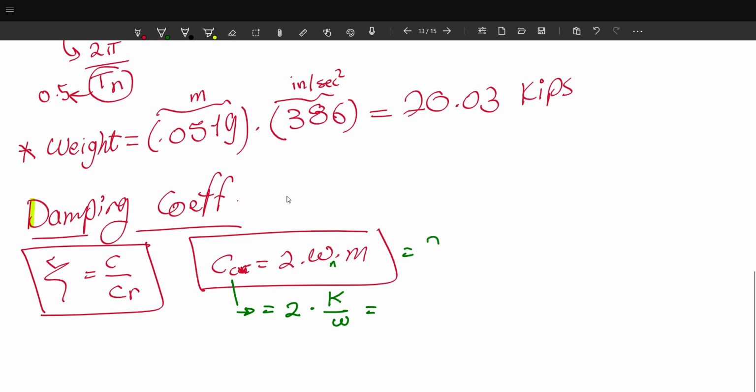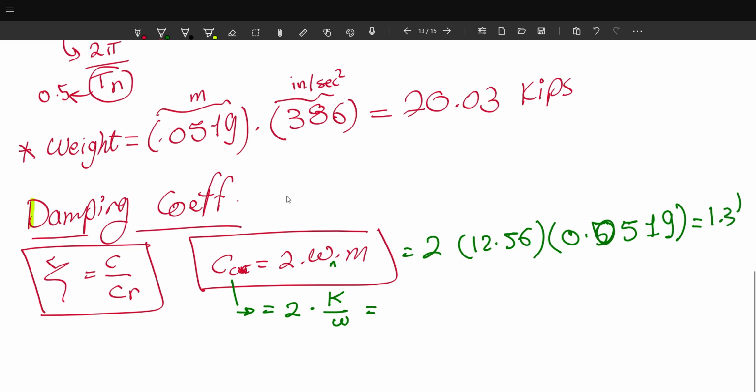So it is going to be 2 times omega, which we have already obtained before, 12.56, and here this is times m, which we have already obtained before, 0.0519, right? So this would give us, at the end, 1.3, and the units for this critical damping coefficient is going to be kip second per inch.